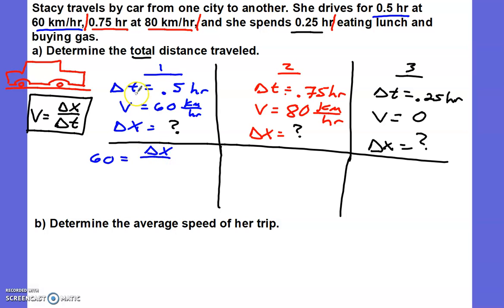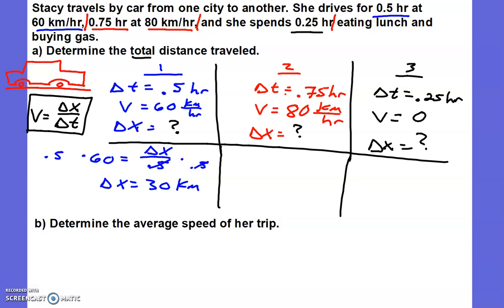And then my t is 0.5. I multiply each side by 0.5 to solve. The 0.5s cancel out, and I get that my x is 30. In this case, it would be kilometers, because in my v it is kilometers per hour.